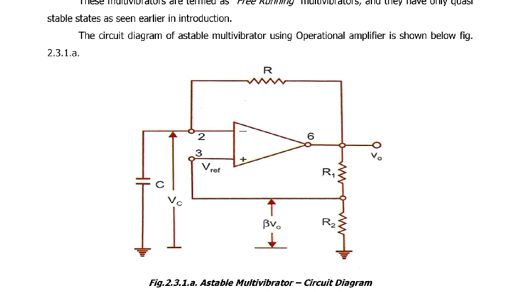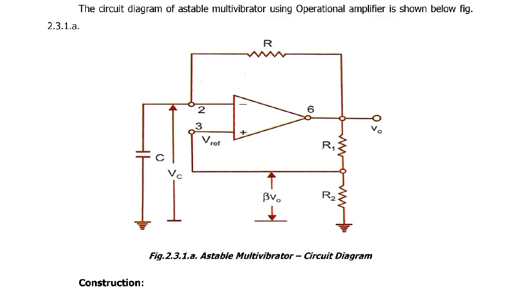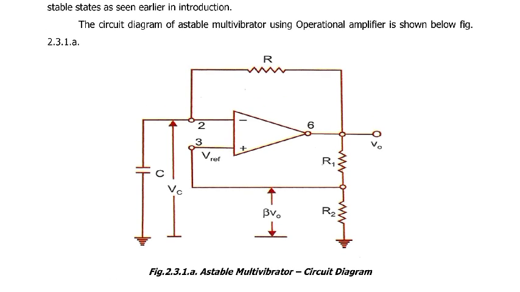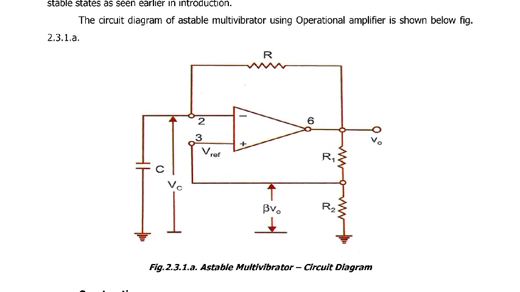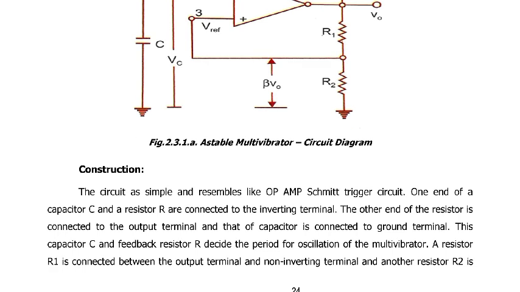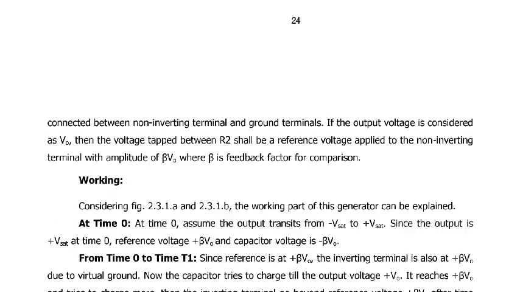The capacitance is connected here. In feedback, at the negative terminal, the feedback resistance is connected like this. R1 and R2 give the beta, which appears directly across it. Because there is no analysis in our syllabus, we cannot analyze the circuits.